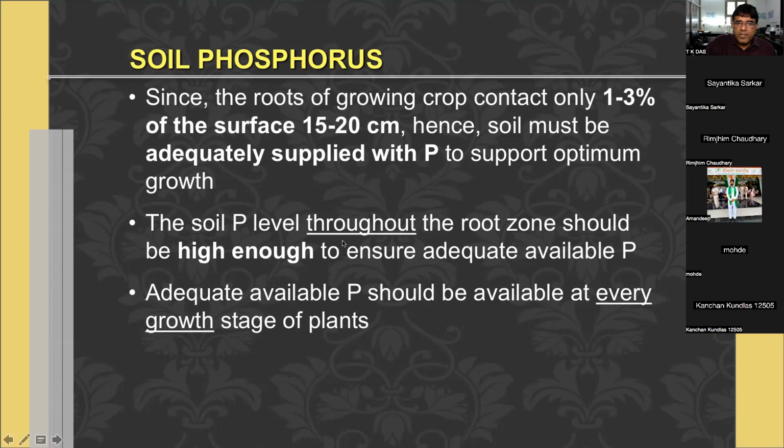The soil phosphorus level throughout the root zone should be high enough to ensure adequate available phosphorus at every growth stage of the plant. It has to be near the roots. If it is above the root, then it will not move and will not reach the roots.